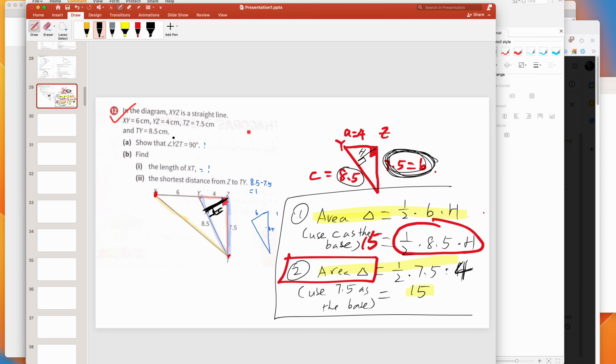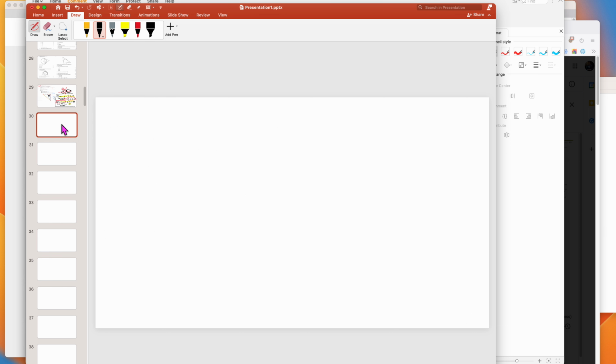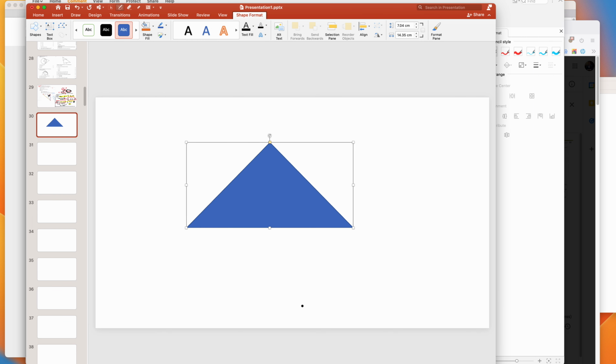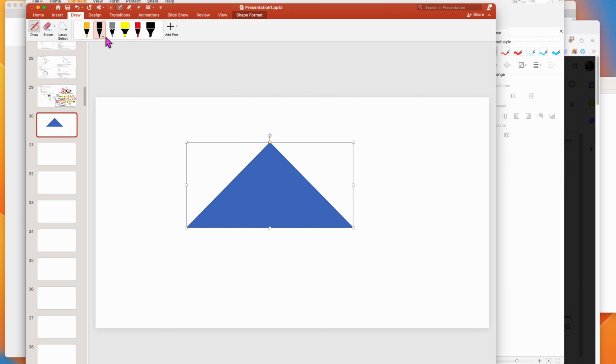So what this question wants to test you is, given any triangle, there are several ways to look at it. Let's say this is 3, this is 4, this is 5.